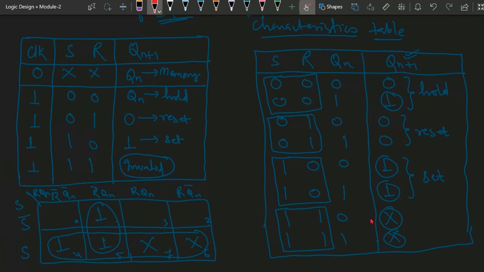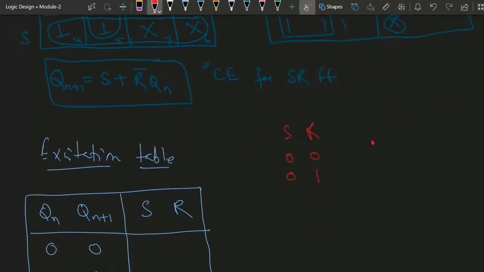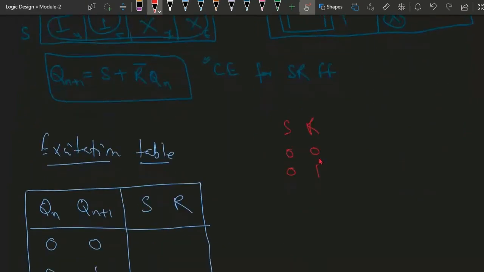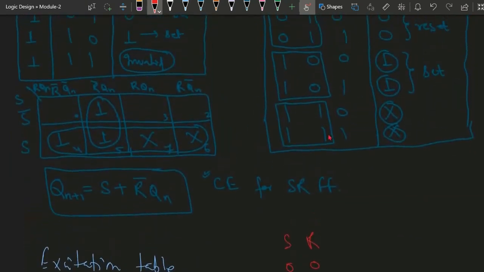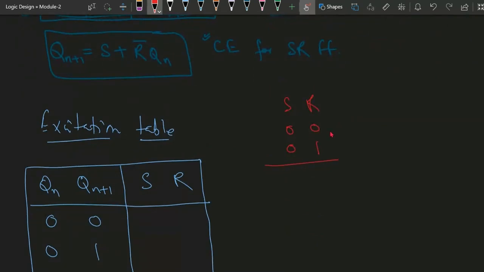There is no other case. The don't cares we will not be considering, because even if we consider it here, it is coming out to be 1 and 1. We need to find one condition for S and R so that this condition should be satisfied.